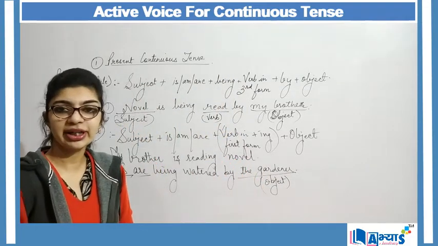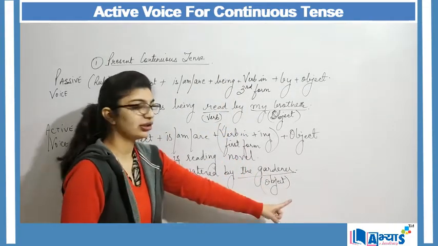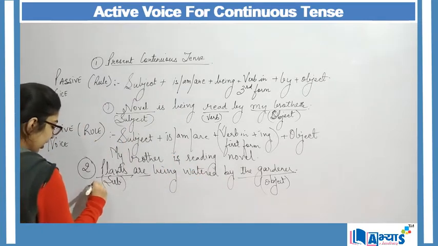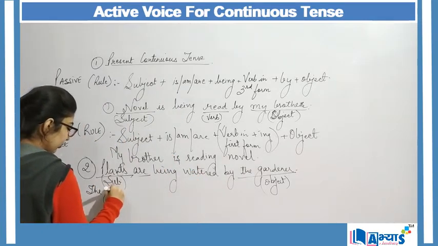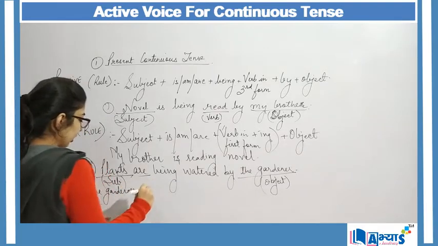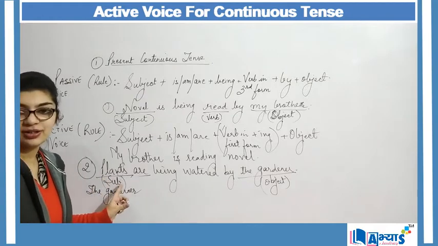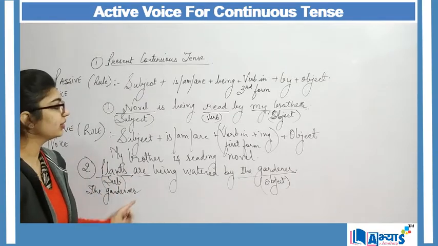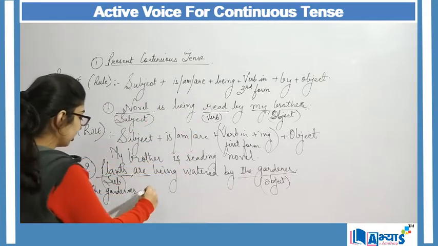While converting into my active form, the object will now act as a subject. So I will say the gardener. Now here I was talking about plants. Plants is plural, but gardener is singular. So for gardener I use the helping verb is.